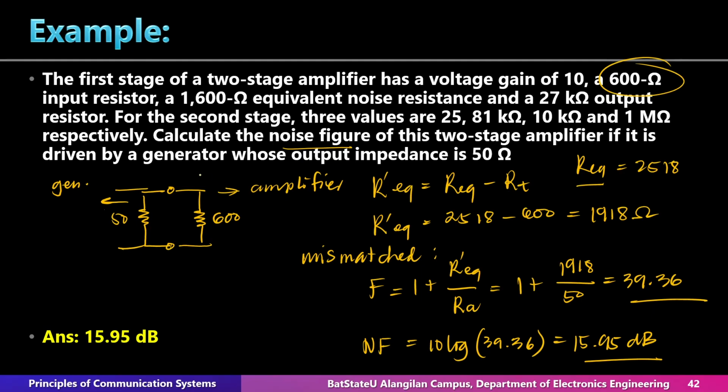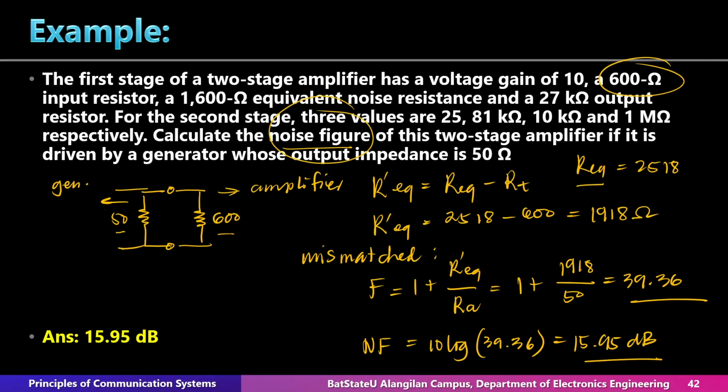So gamit yung equivalent circuit natin kanina, na-compute natin yung noise factor: 1 plus R equivalent over RA. Bakit po ito yung ginamit na formula? Kasi mismatched yung condition. Ayun, 50 kontra 600. Medyo malaki na yung gap nila. So malaki yung mismatch, kaya pwede na natin gamitin itong simplified formula ng noise factor. Then after that, kinonvert mo lang siya into dB para makompute ang corresponding noise figure. O, di ba ang dali lang?